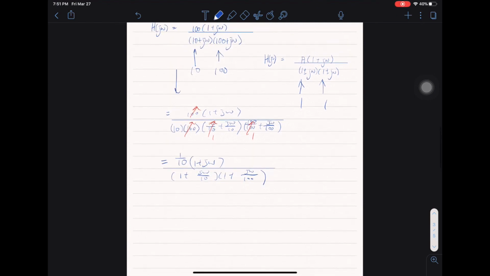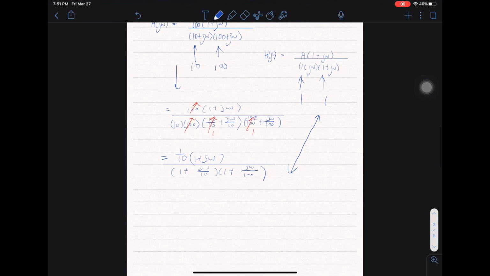So right now, this will be the same as the standardized form. And you will be able to figure it out. A is equal to 1 over 10. You have a 0 at s equal to minus 1. You have poles at s equal to minus 10 and s equal to minus 100.